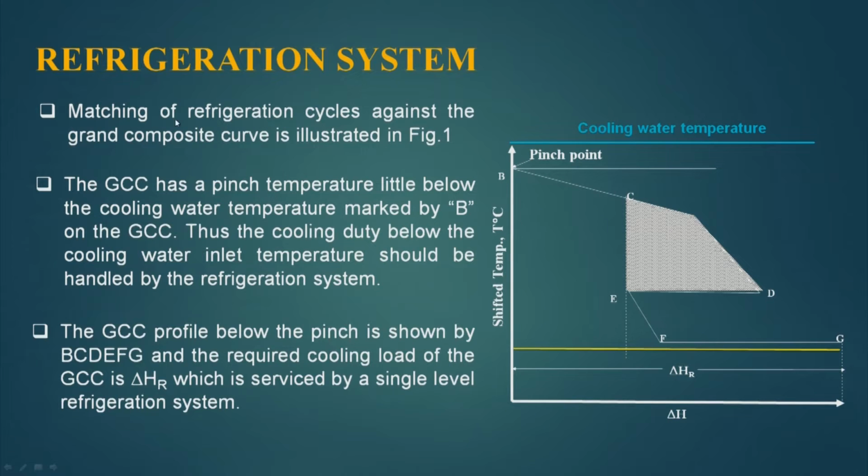Now, this refrigeration system which has been designed has to meet this purpose. Here we see that the cooling load is from here to here, that is delta H r, but the delta T here is less, delta T here is still more and delta T is still more here. So, by giving a cooling utility here, from here to here, what can we do?